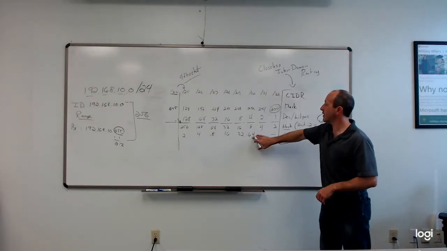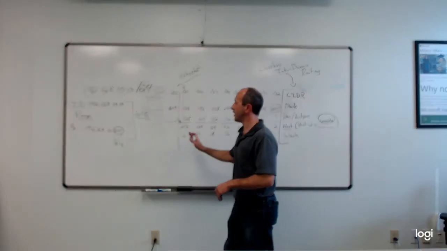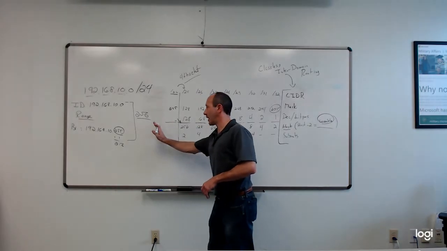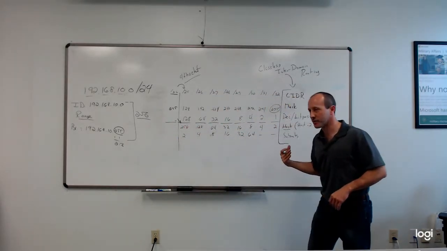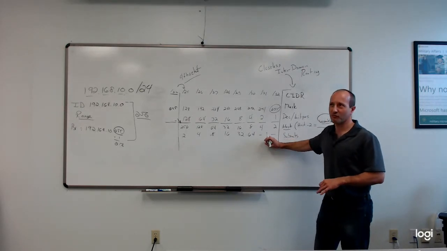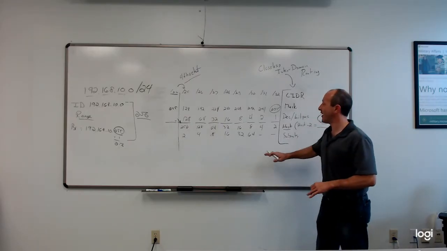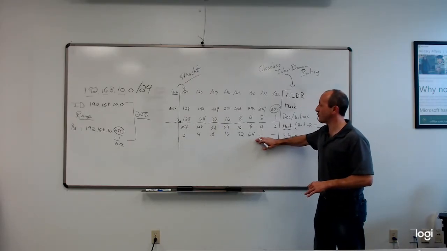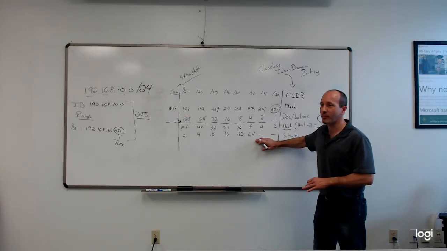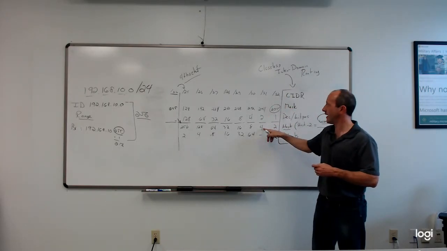I stop here. I wouldn't if I was in the 3rd or 2nd. I would just continue to double my numbers. But once I get to the end, I can't do it anymore at this level. I can't subnet anything beyond that because I need at least 4 addresses.